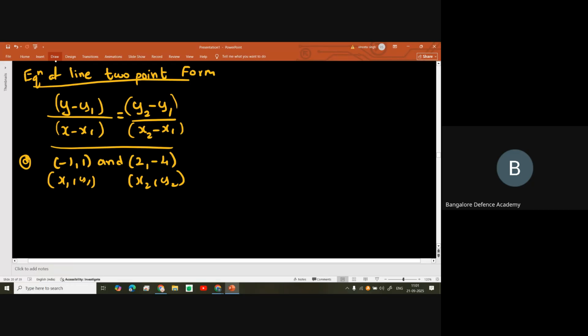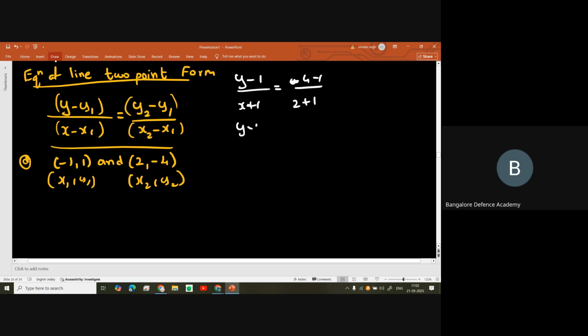You ready? Yes, sir. So now you have to substitute the values. y1 will be 1, x minus x1, and x1 will be -1, so here it will be +1. Now y2 minus y1 becomes -4 minus 1, and 2 minus of -1 will be +1.